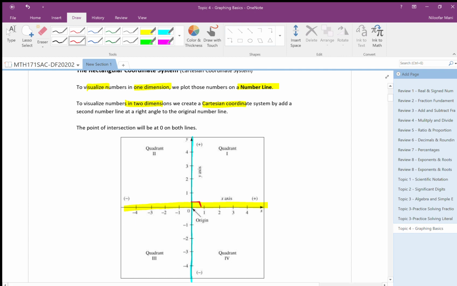So 0 is in the middle, and that's x equals 0 and y equals 0 for both of them. What do I mean by x and y? I have this one as the x-axis, and I have this one as the y-axis. Usually we do that. These lines continue, so it goes to infinity from the right and minus infinity from the left.